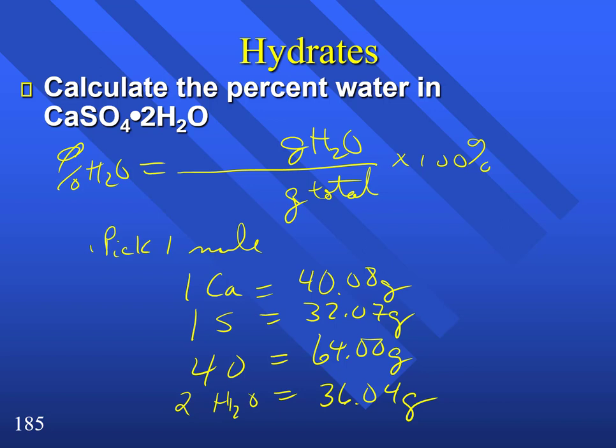I have 2 waters, so 2 times 18.02 is 36.04. And the total, when you add up all those numbers, 40.08 plus 32.07 plus 64 plus 36.04 gets me 172.19.